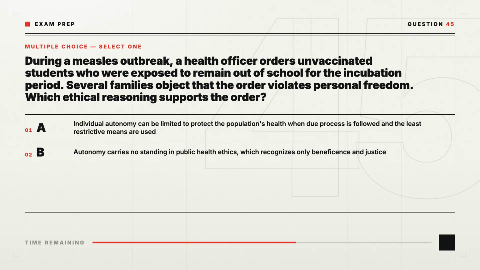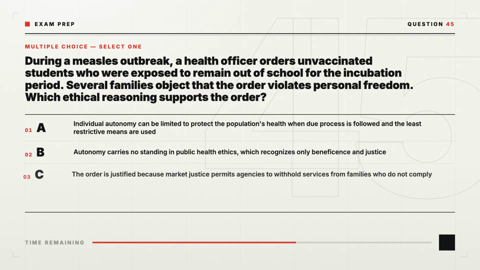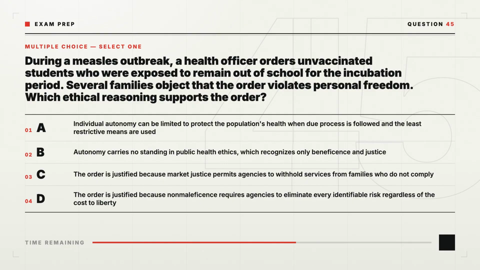B. Autonomy carries no standing in public health ethics, which recognizes only beneficence and justice. C. The order is justified because market justice permits agencies to withhold services from families who do not comply. D. The order is justified because non-maleficence requires agencies to eliminate every identifiable risk, regardless of the cost to liberty.